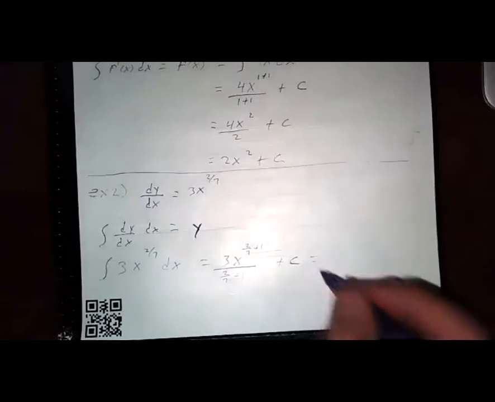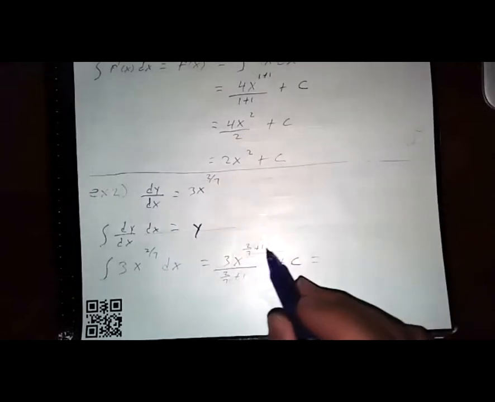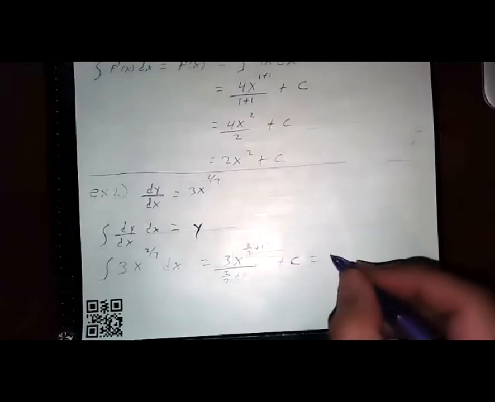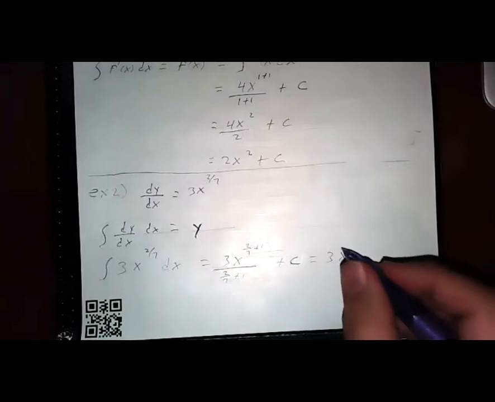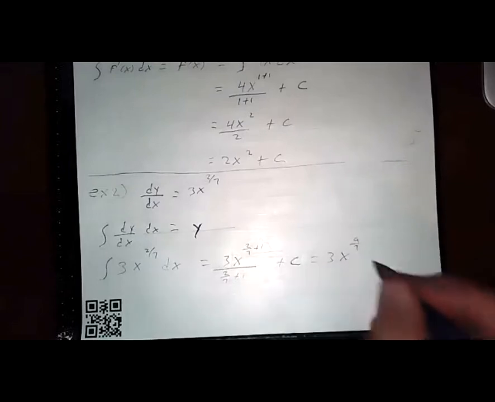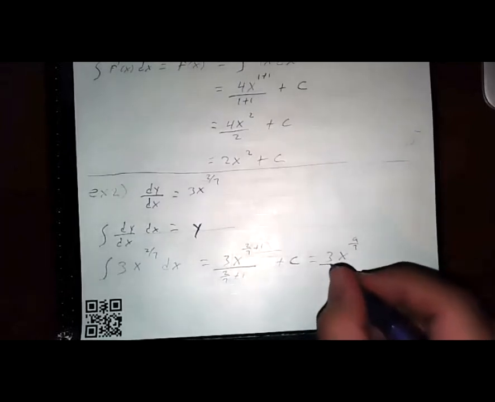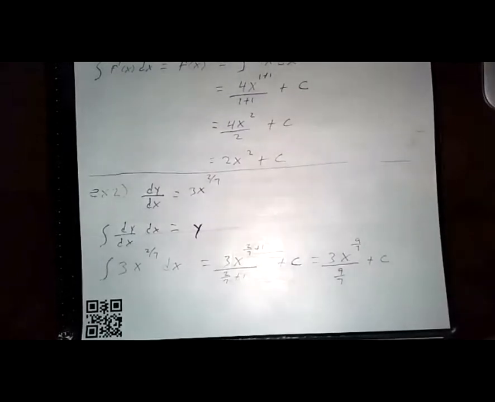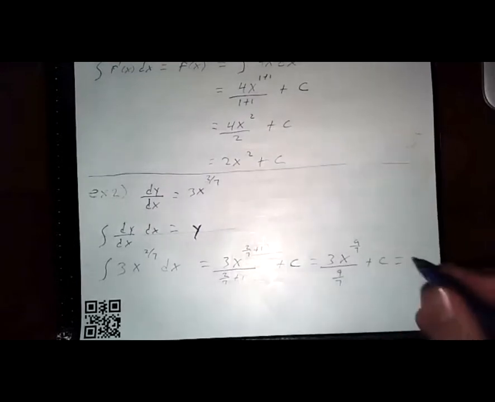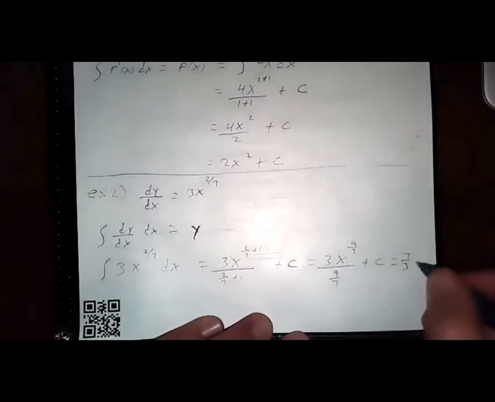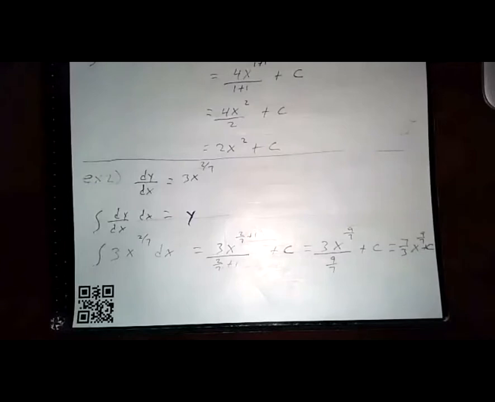So that's going to give me what? 2/7 plus 1 would be 9/7. So 3x to the 9/7 over 9/7 plus c, which would end up being 7/3 x to the 9/7 plus c. That's your result. Reduce the fraction.